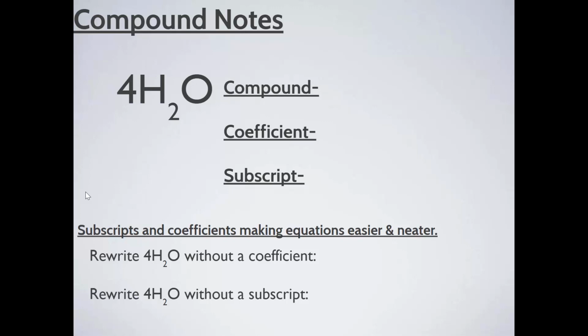So when we write these formulas for different compounds, we have some terms to use. This number that comes before the H, that big 4, that's called the coefficient. First of all, a compound is two or more elements that are chemically bonded together. Here we have hydrogen and oxygen chemically bonded together.